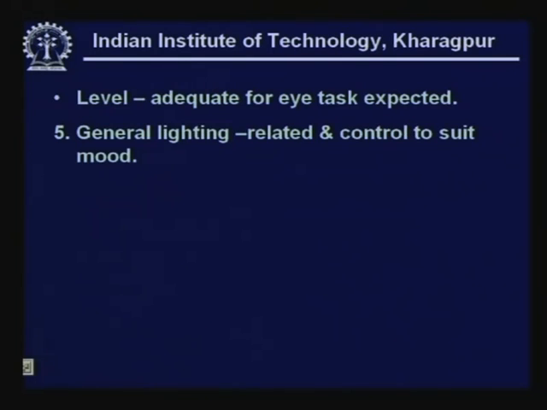The general lighting, as already brought out, is related and it is controlled. In fact, there is no control for the local lighting, it is an intense light of required level for that particular task. General lighting can have illumination level altered depending on the mood.